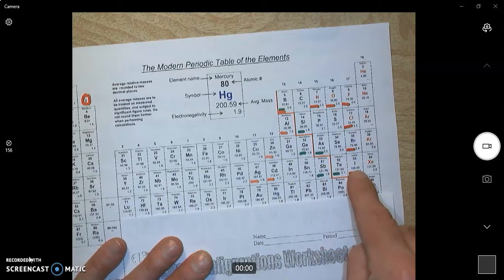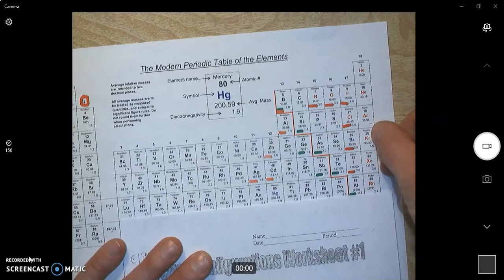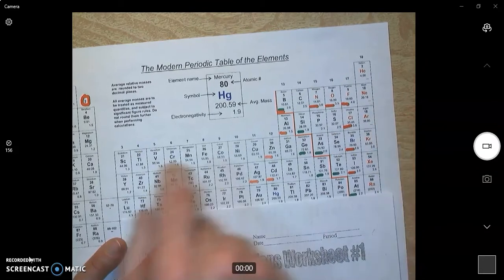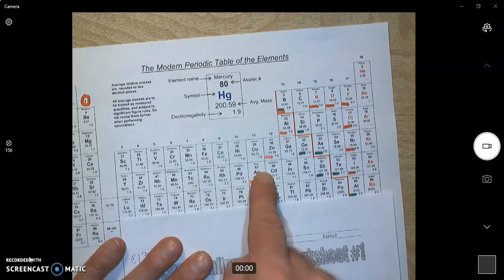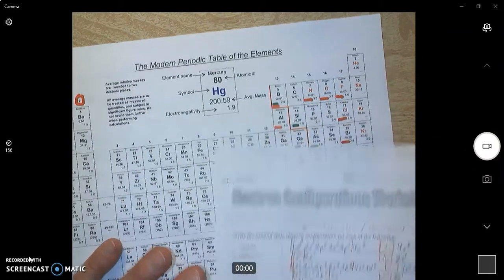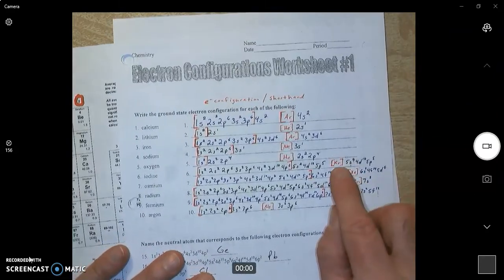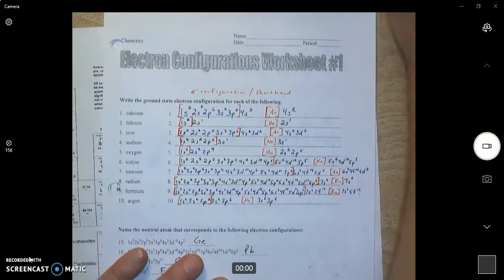So you can take your element, go to the end of the previous row, put that element in brackets, and then pick up your configuration. 5s2, 4d10, 5p5, and that will be your configuration. Krypton, 5s2, 4d10, 5p5.